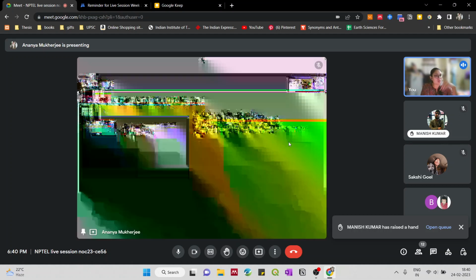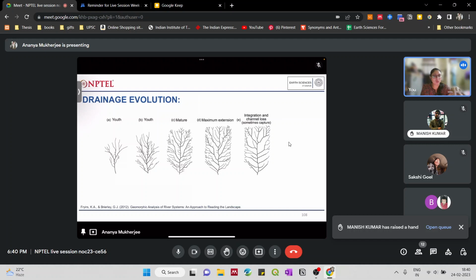So now we know what a drainage basin is, and how it is supplied water by one river system. With time, and with the erosional work, transport work and depositional work done by the river, it will evolve.